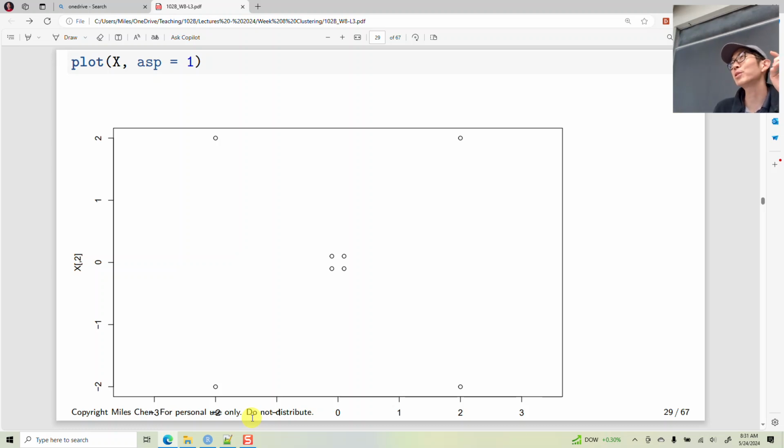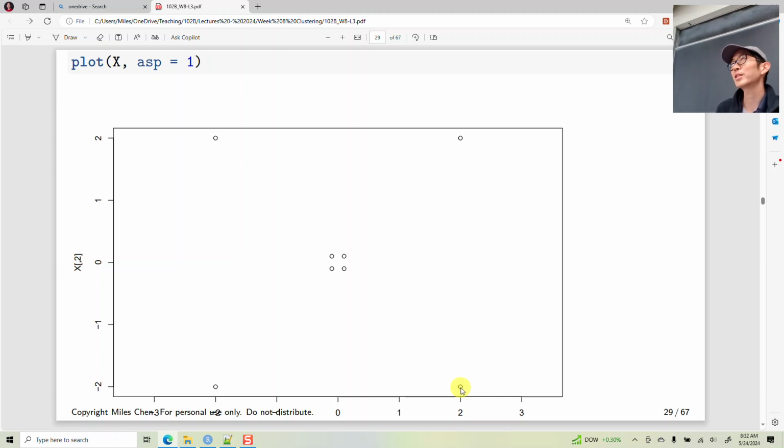But if you used Euclidean distance as your measure of similarity, Euclidean distance will not put this dot and this dot in the same cluster, okay? They are at opposite corners, and according to Euclidean distance, these 2 dots cannot be more different from each other.